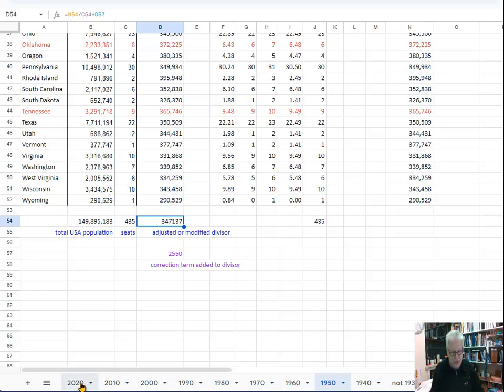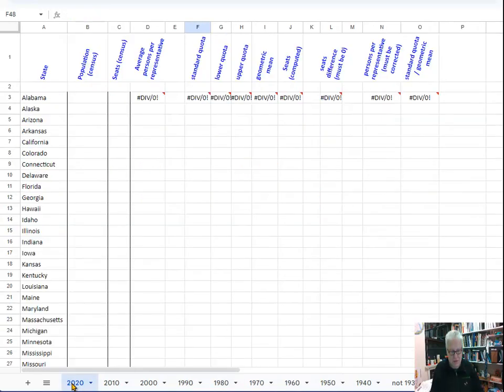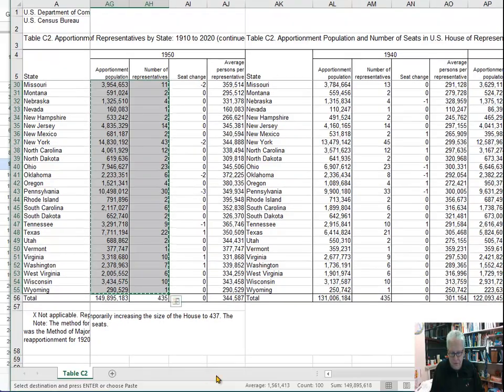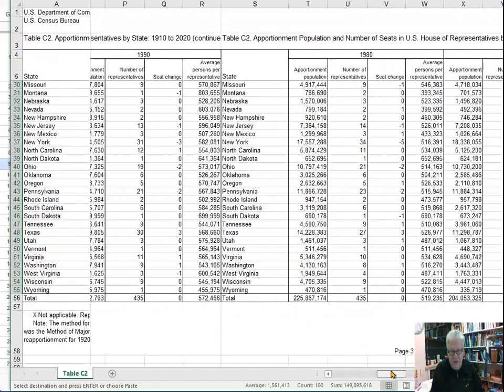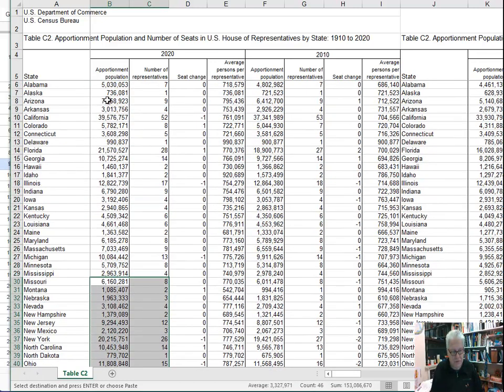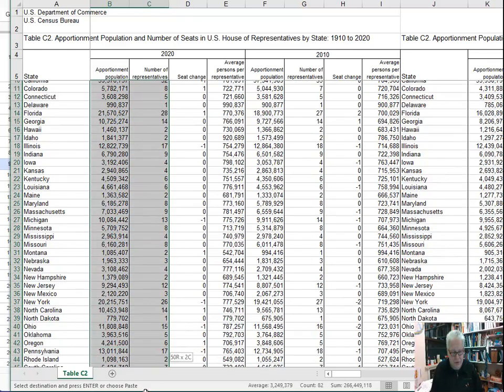All right, let's go to the other example, so 2020. Again, I'm going to copy from this sheet here the 2020 census data, with, again, the results. Oops, I have to start with Alabama.